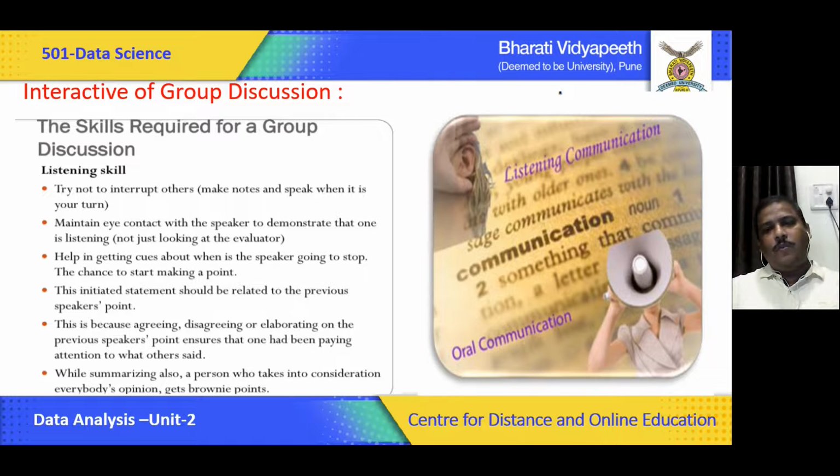You should establish eye contact when you are speaking. Everybody should be actively involved. Give others a chance to speak, and when your turn comes, you speak. This is how you maintain listening skills in a group discussion.